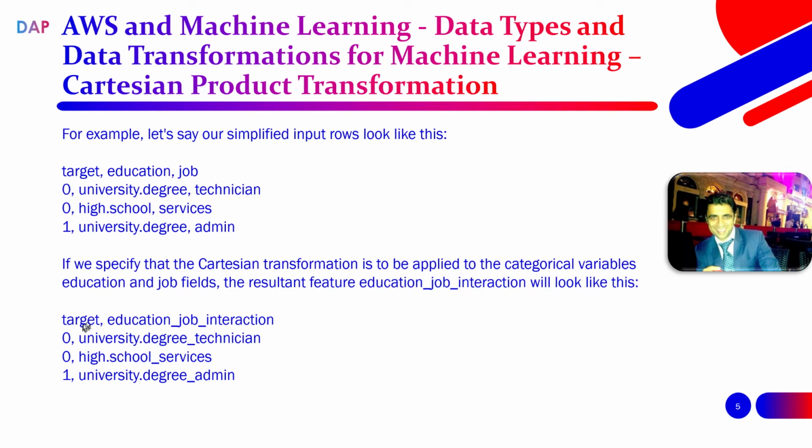Target, and this education_job interaction, and the new feature would look something like this: university.degree, so this comma will go and an underscore will come. And now you have this new feature by combining the two features, and the target remains as it is.